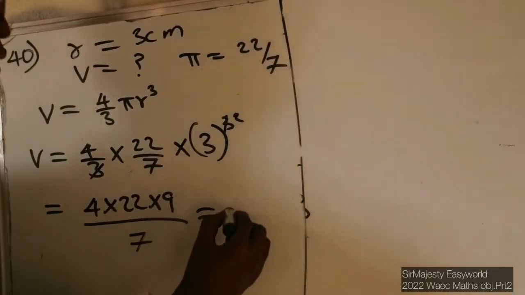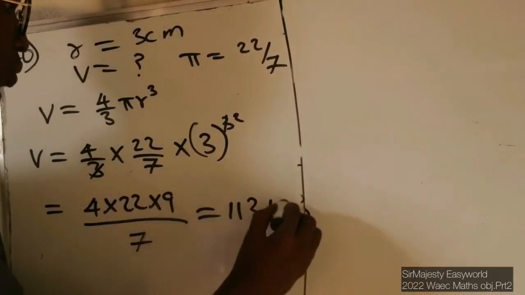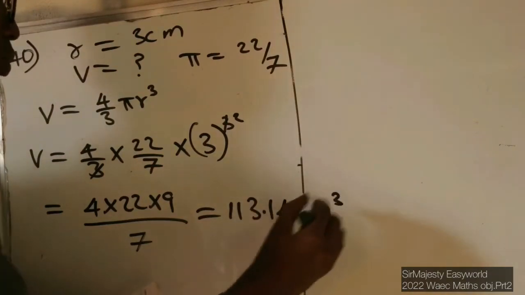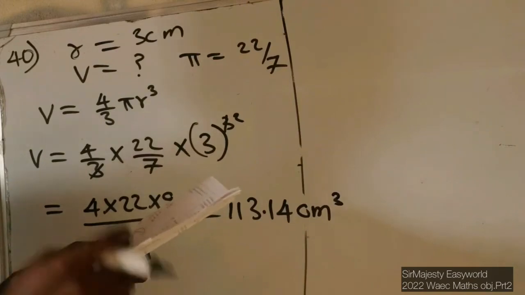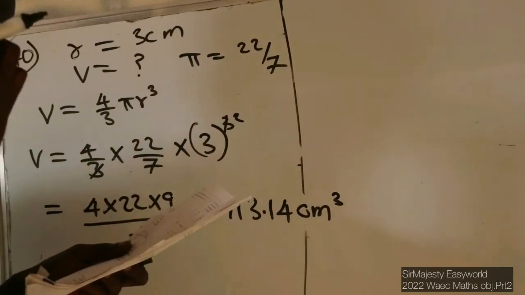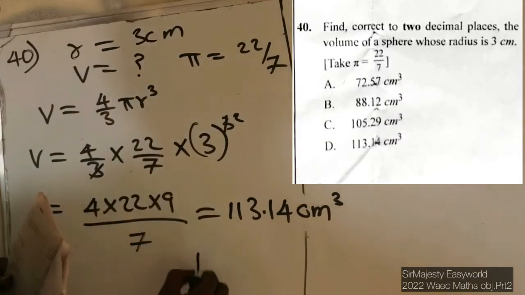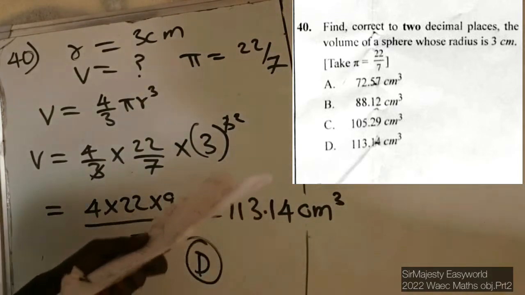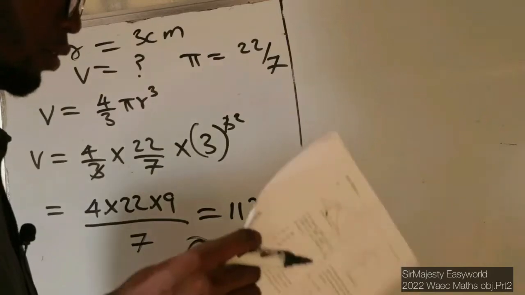Okay, so this is going to give us 113.14 centimeter cube, since we're calculating volume, and this is going to be option D, correct to 2 decimal places.